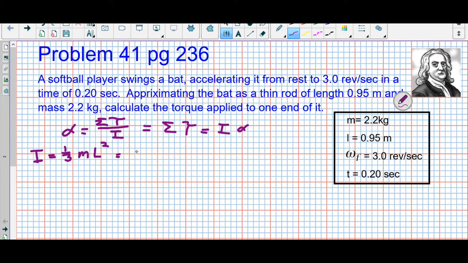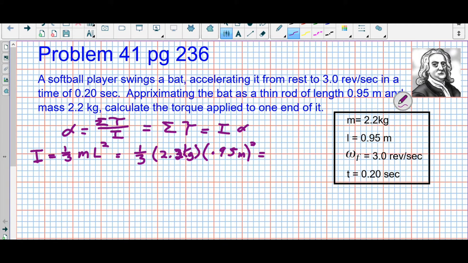So we can use that here. We can do 1/3 times the mass, which is 2.2 kilograms, times the length, which is 0.95 meters, and we're going to square that. And that's going to give us our moment of inertia.